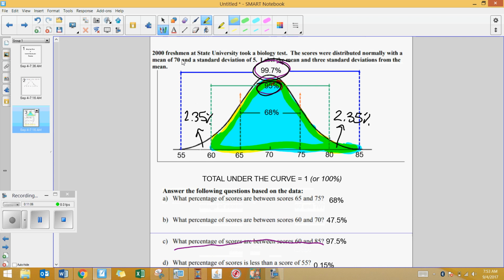We just discussed that the little pieces to the left and right of those green lines, I'm going to highlight that in just a second.